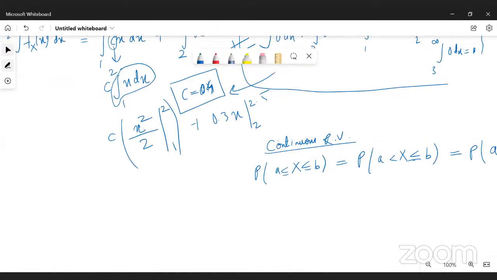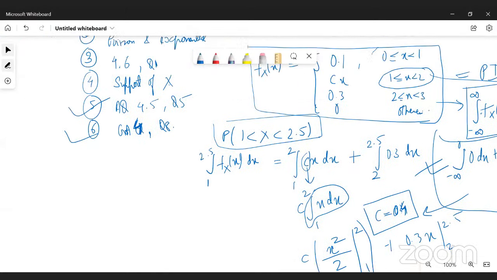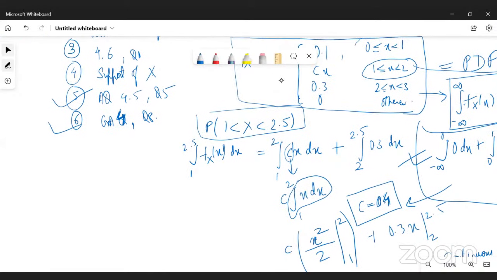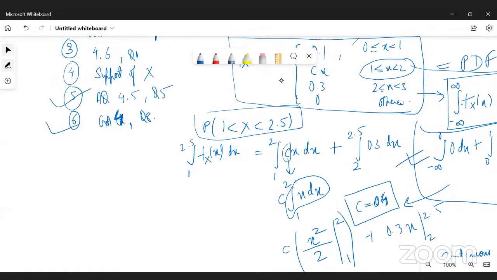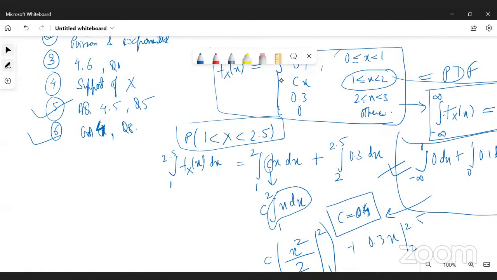Some transformation. It's not similar to that actually. No, it is similar to whatever I have discussed. Here the function that is defined is different, but the concept is the same.